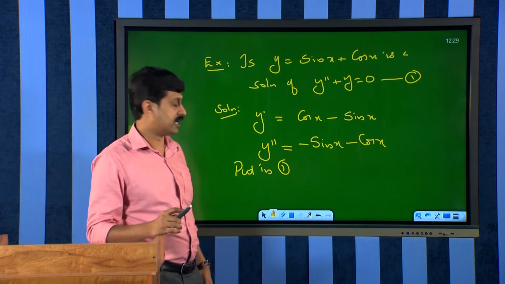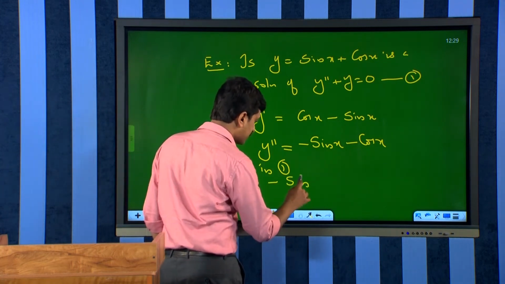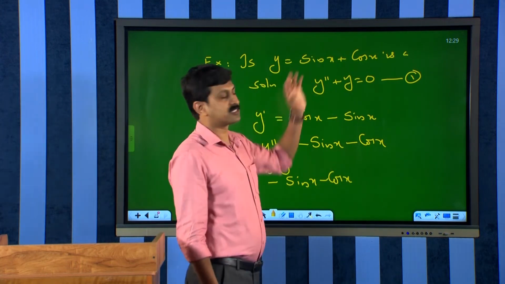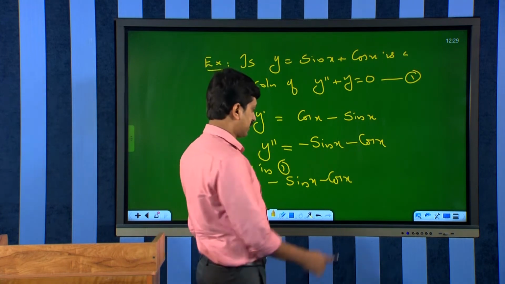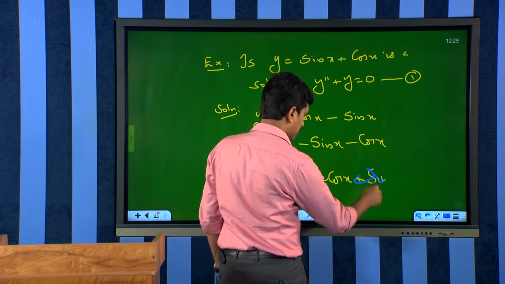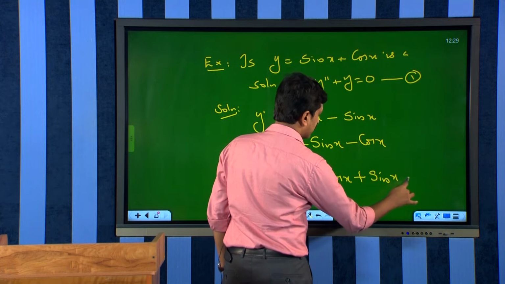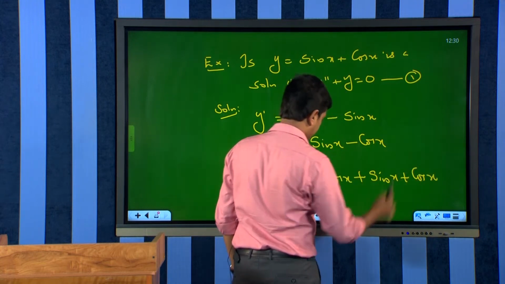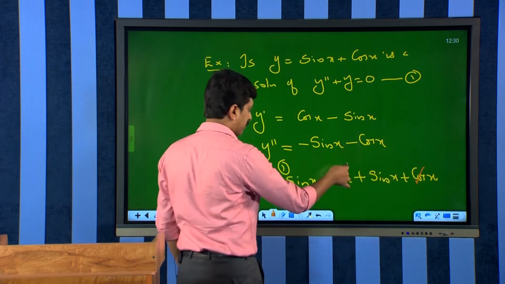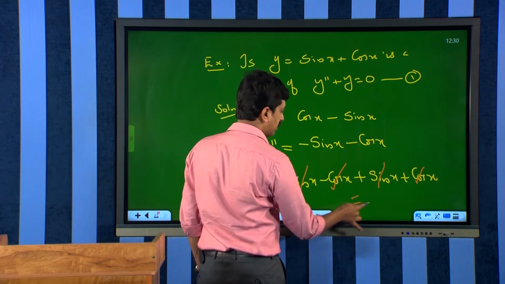What will happen is that y double dash is minus sin x minus cos x, plus y, which is plus sin x plus cos x. See dear students, plus cos x and minus cos x we can cancel, plus sin x and minus sin x we can cancel.